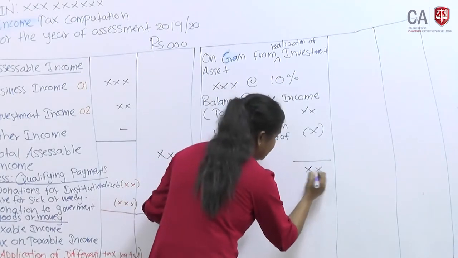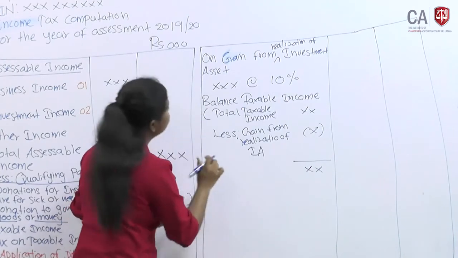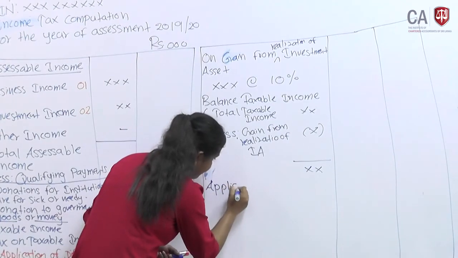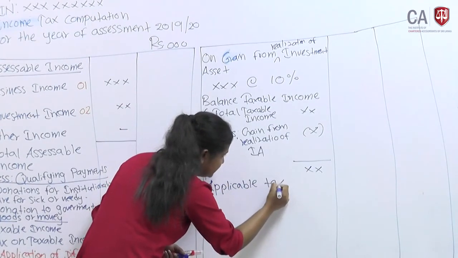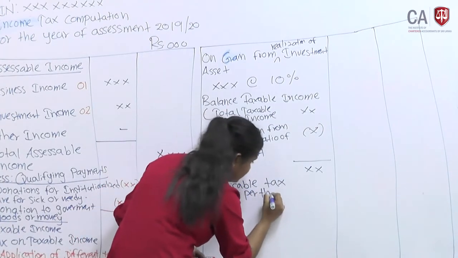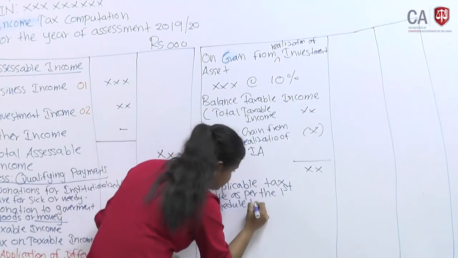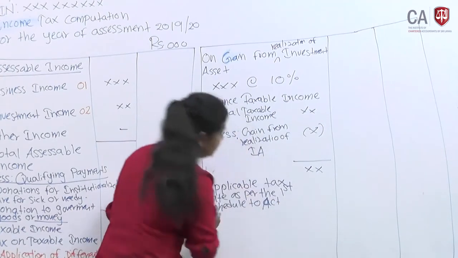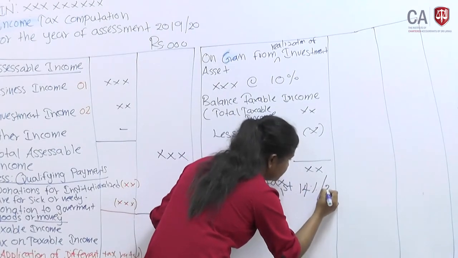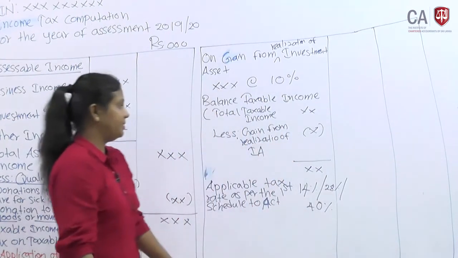To this balance taxable income, we apply the applicable tax rate as per the first schedule to the Act, which may be 14%, maybe 28%, maybe 40% based on your industry.